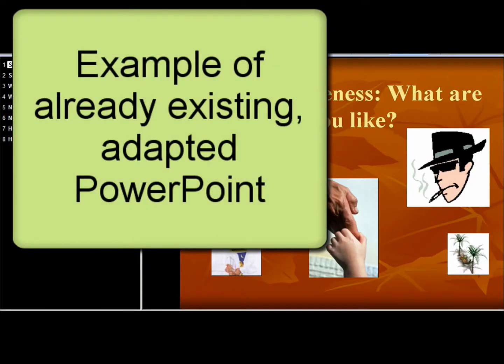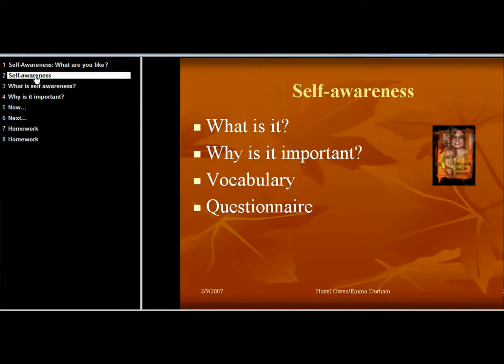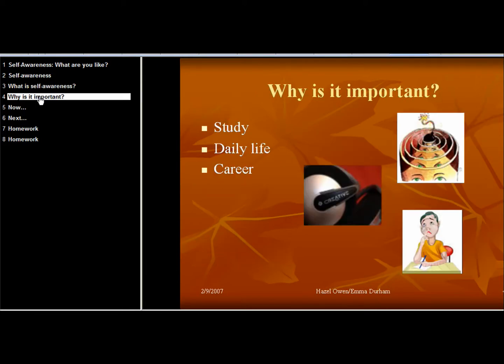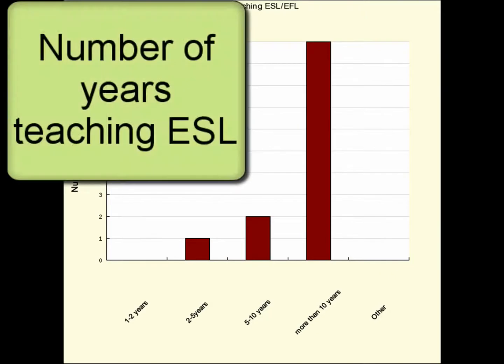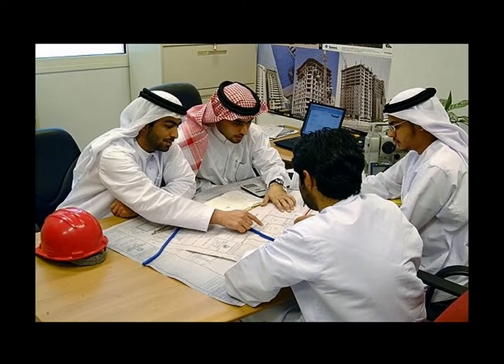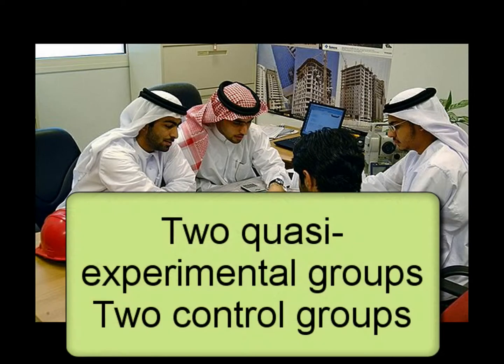Having identified this broad problem with writing, it was necessary to find out which specific components of the writing curriculum could be adapted and augmented by ICT. So we got together with 4 instructors who were teaching what turned out to be 2 quasi-experimental groups and 2 control groups.